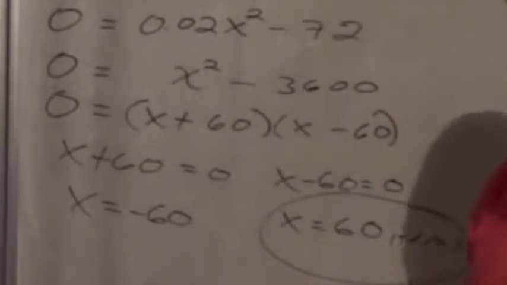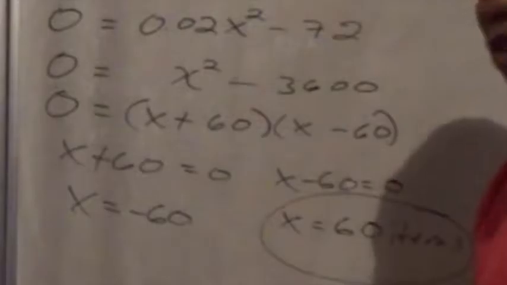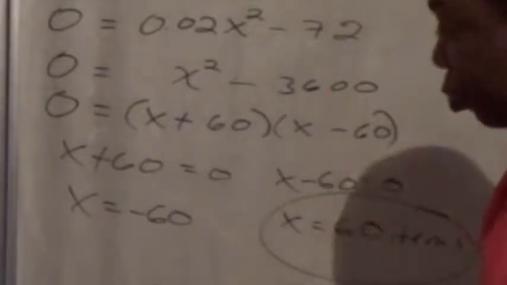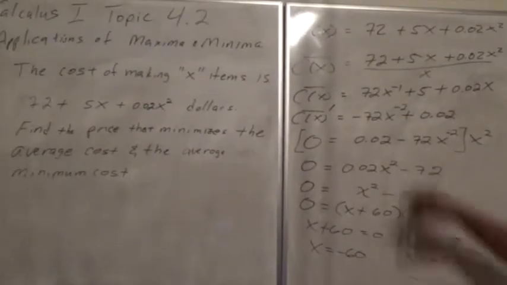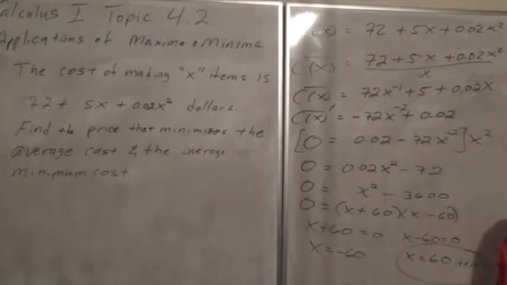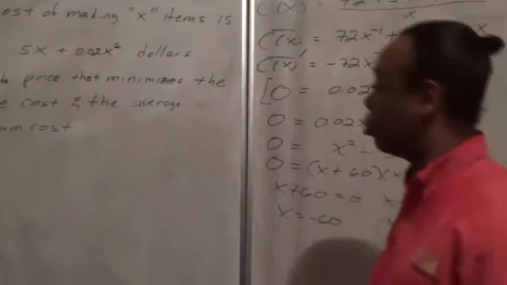Now, what is that average minimum cost itself? Well, let's find out. Let's take our 60 items and place this into our cost function, and we can find out how much this is costing us.